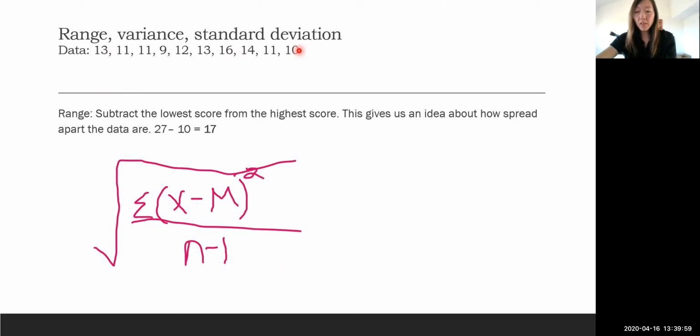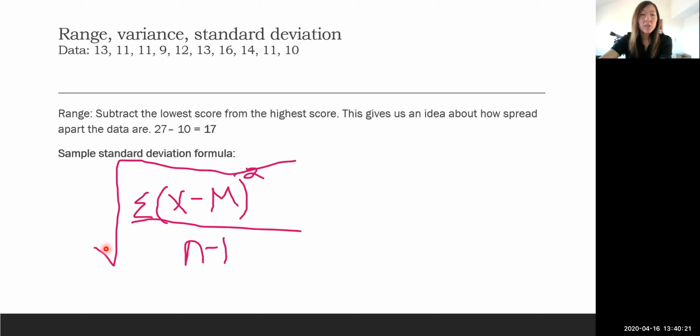So the range is just subtracting the lowest score from the highest score and gives us an idea of the spread of the data. So 27, the highest score, minus 10 would be 17. So 17 is our range, okay?